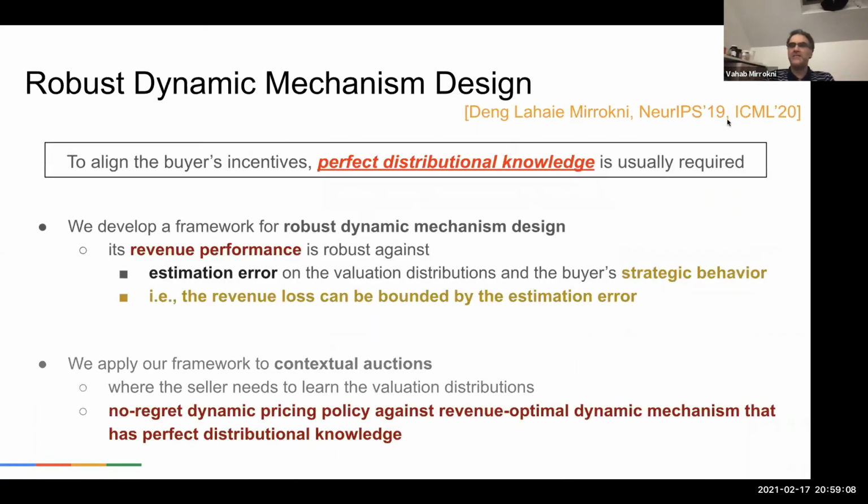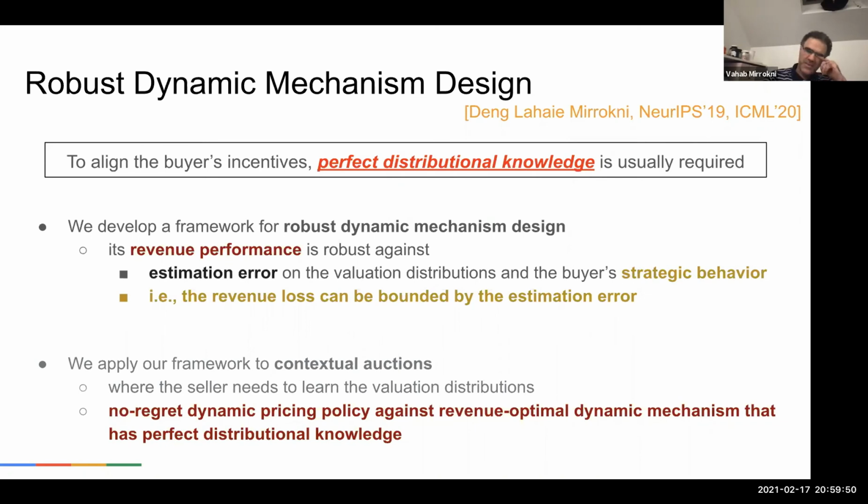And in these recent papers with Yuan Deng and Sebastian Lai, we show how to use noisy estimates of this distribution and or future distributions in designing non-clairvoyant and clairvoyant optimal auctions with low regret in this environment. So the results are technical, but this is the first type of work that combines, in the contextual setting, what we call dynamic incentive-aware learning, what we had in the second part, and dynamic mechanism design in its full generality, to the best of my knowledge.